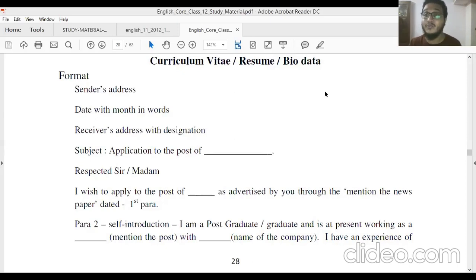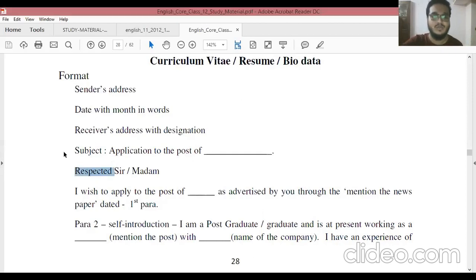But when you're writing officially to someone you don't know, so please, my students, just write sir or ma'am. Don't use the term respected or dear. Better not to use this, respected or dear. Only write sir or madam. If you know me, you can write respected sir. If you don't know, only sir and ma'am.